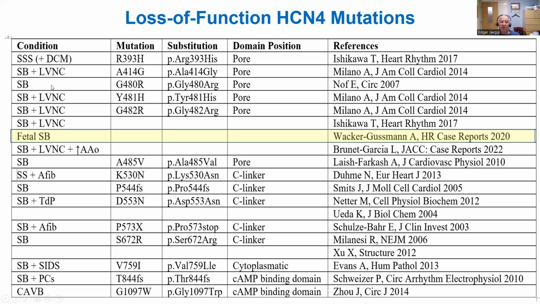The typical pattern is really just sinus bradycardia, but often some structural heart disease like LV non-compaction, dilated ascending aorta, dilated cardiomyopathy, or sick sinus syndromes can also relate to this type of mutations.